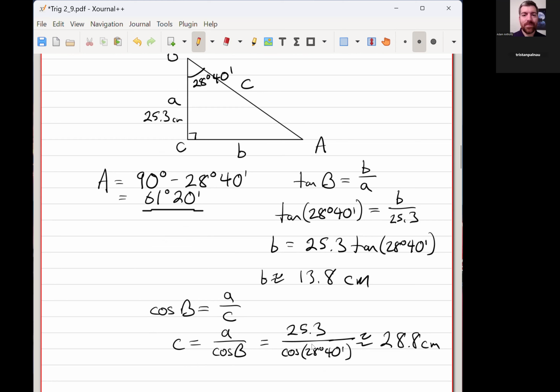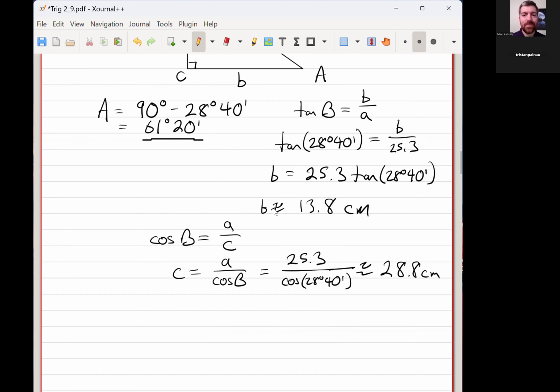And then plug in what we know, 25.3 for A, 28 degrees, 40 minutes for the angle, and then do the calculation, answer to three significant digits. We get 28.8 centimeters. And that's it. That's all the sides, all the angles. Straightforward.